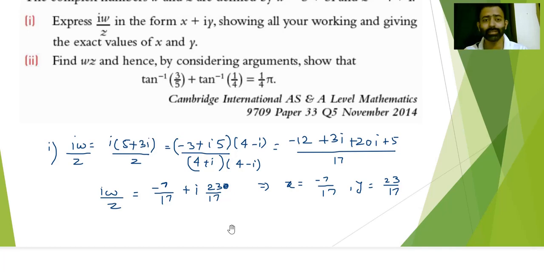So, as it says hence by considering arguments, we need to apply the law of arguments, that when two complex numbers are multiplied, the arguments get added, right?